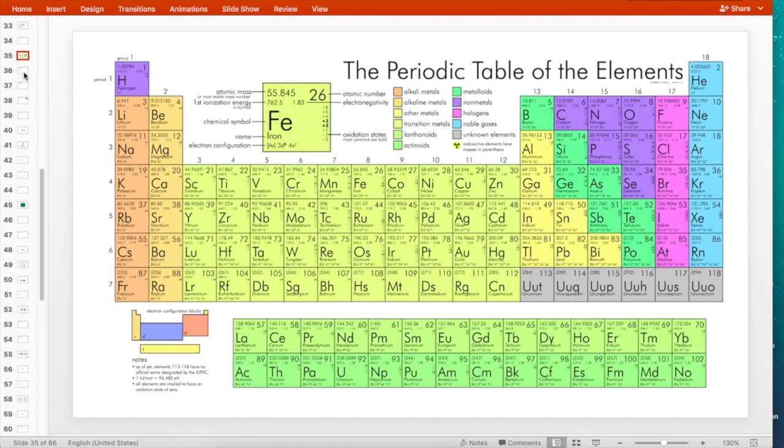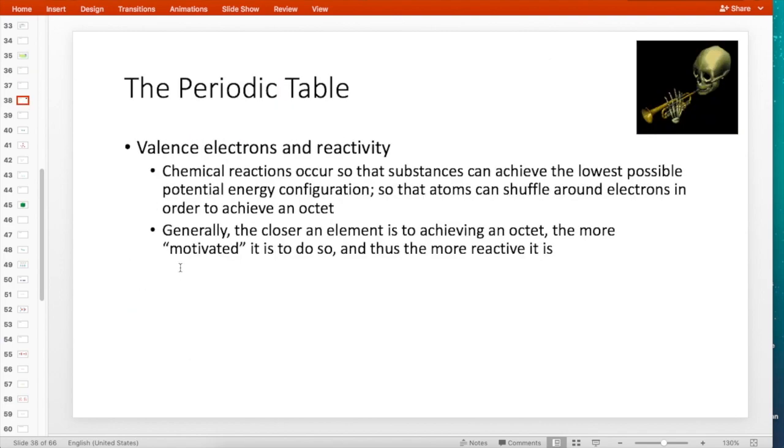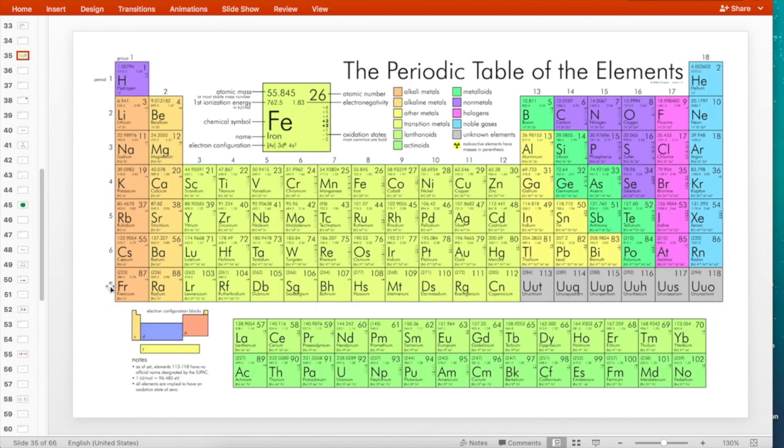What I'd like to draw your attention to now is this idea that the number of valence electrons greatly impacts and influences the chemical properties of the element, how that element reacts with other stuff to form new substances, to form chemical compounds. You guys already know that often elements will seek to change their number of electrons to form ions.